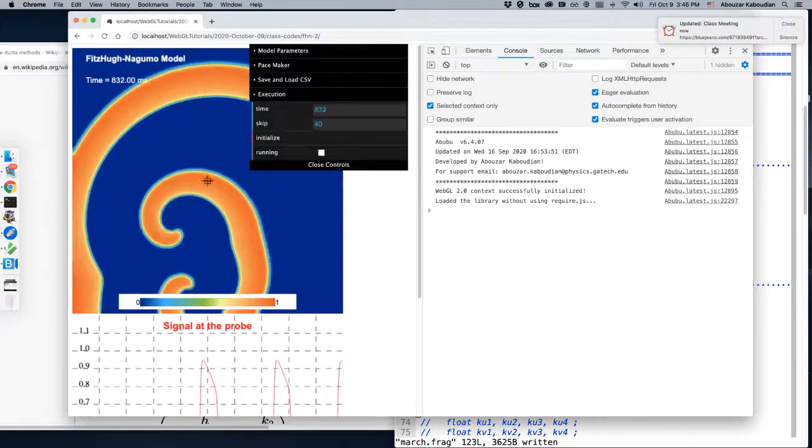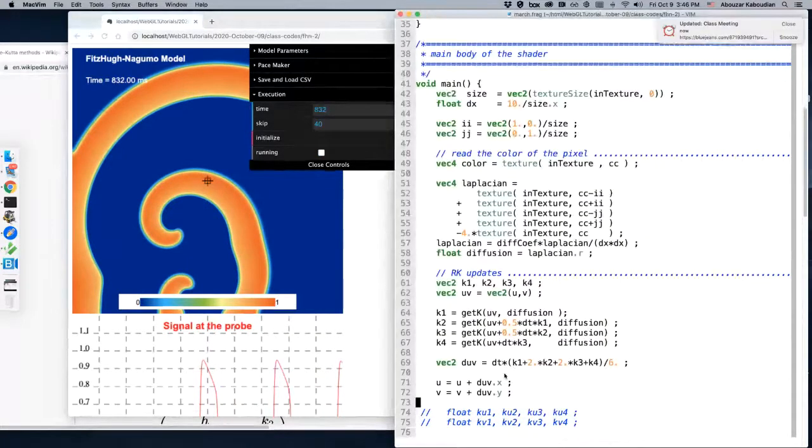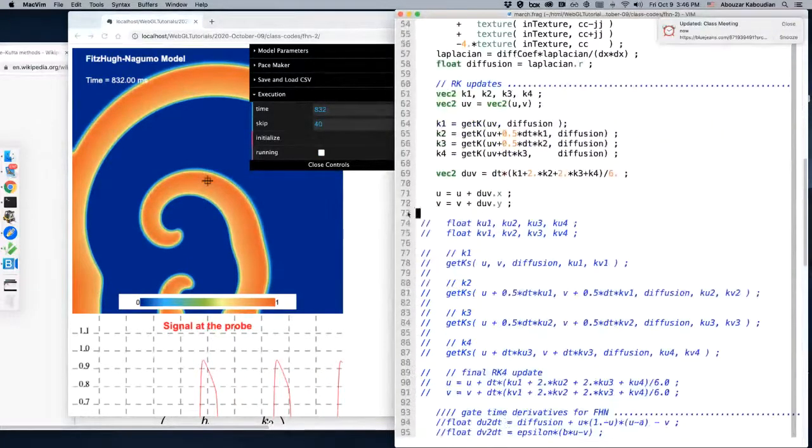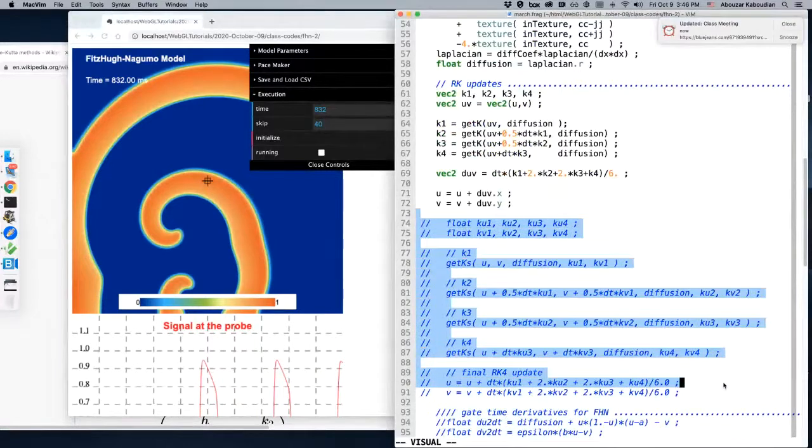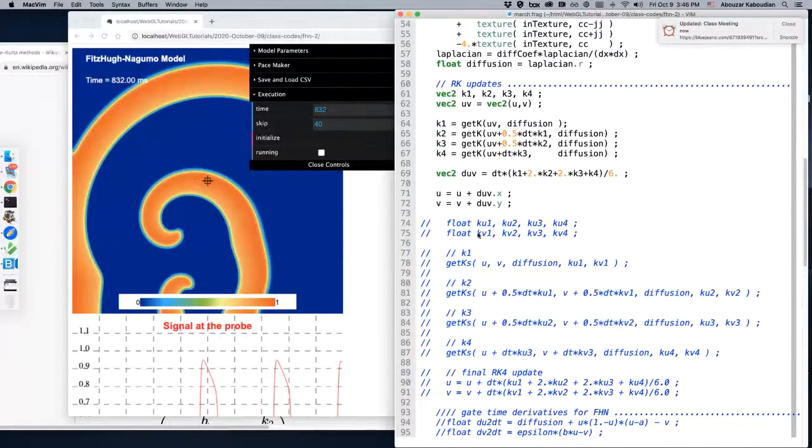This is another implementation of the same Runge-Kutta 4. I would say this sort of formulation is much more similar to the mathematics compared to the formulation that we had initially.